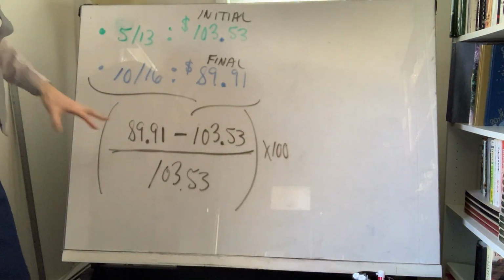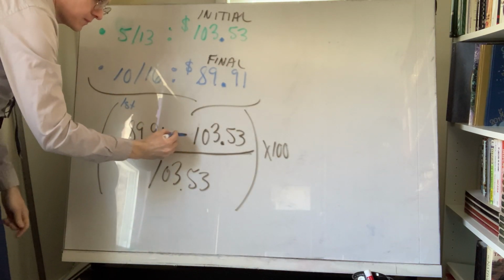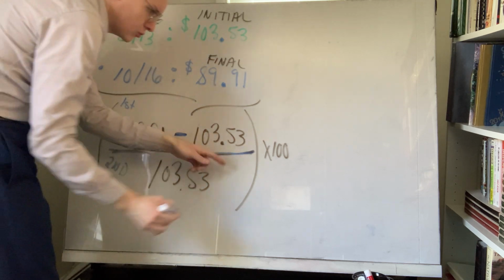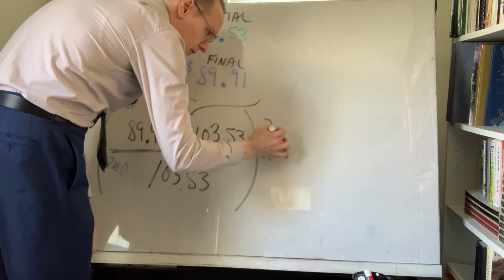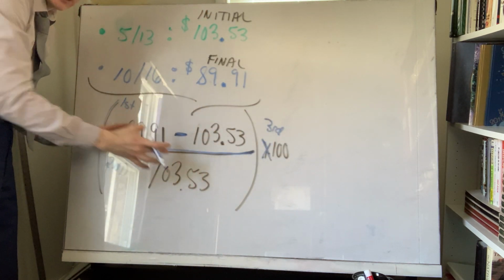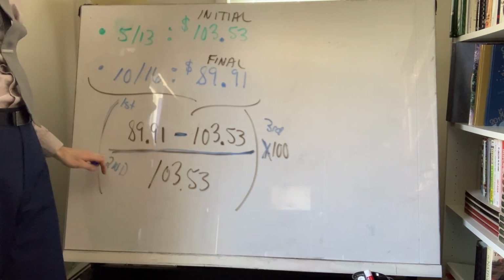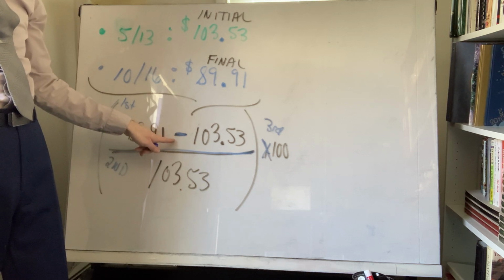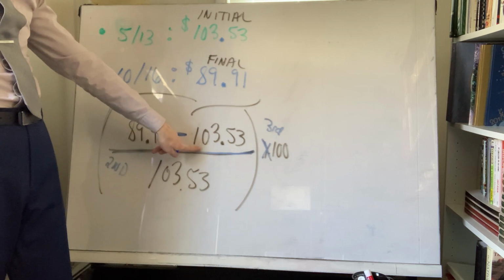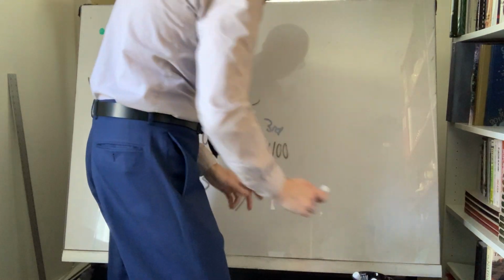Remember, you have to do the subtraction first, then the division second, and then the multiplication third. There's an order of operations. That's why there are parentheses here, to draw your attention to it. You can't divide by two things simultaneously, so you logically have to combine these first.